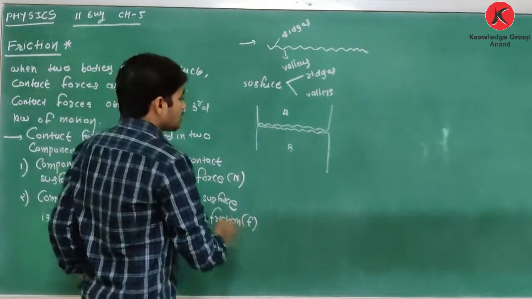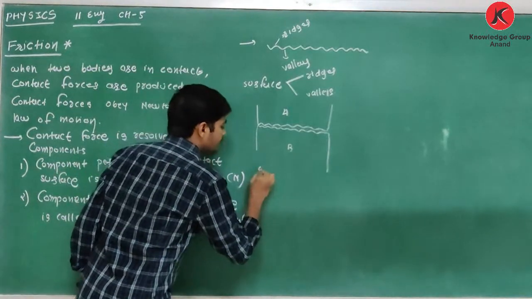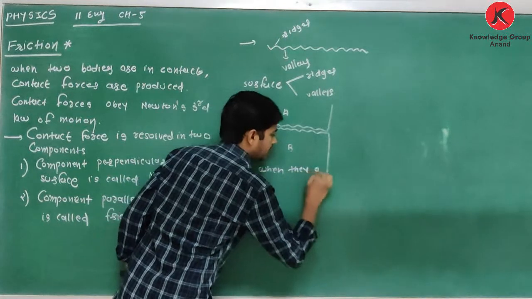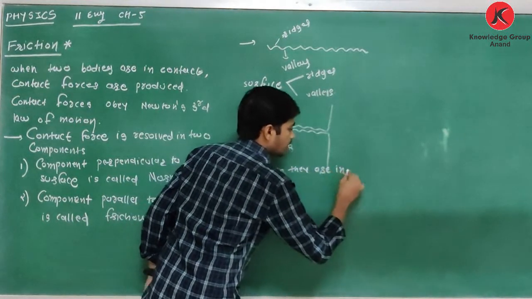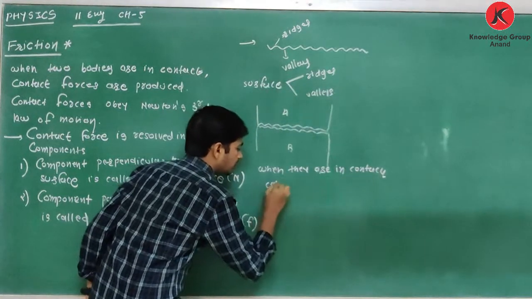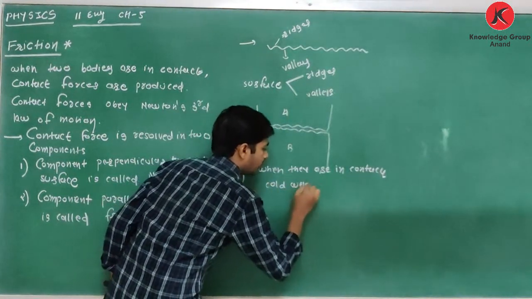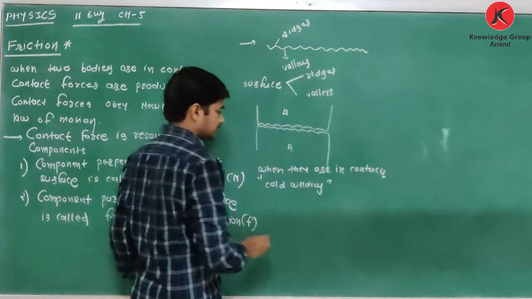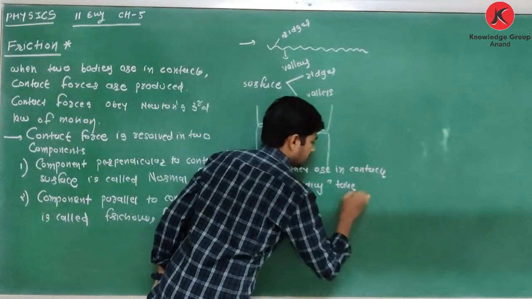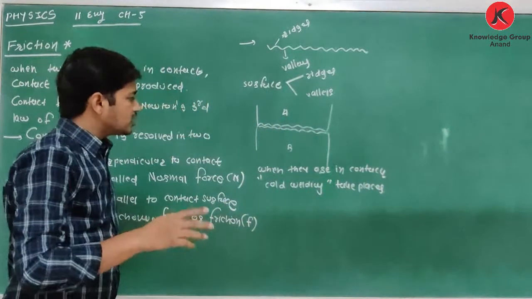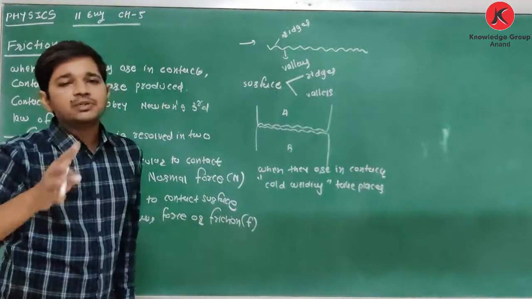Between two objects, when they are in contact, cold welding between them takes place.